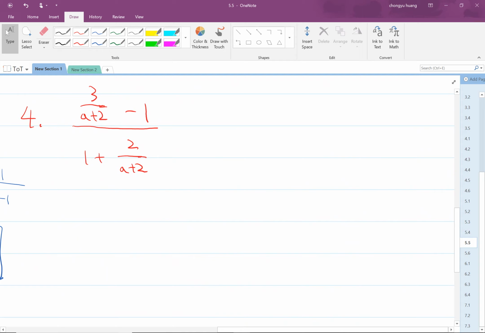So basically the right idea is that the first thing you have to do is solve those subtractions and additions. You basically have to combine those two terms into one term.